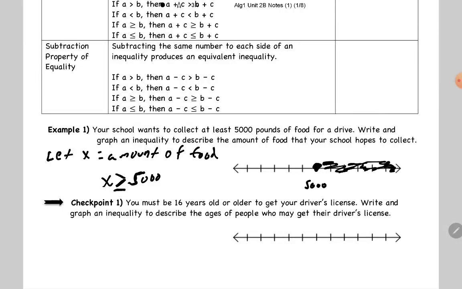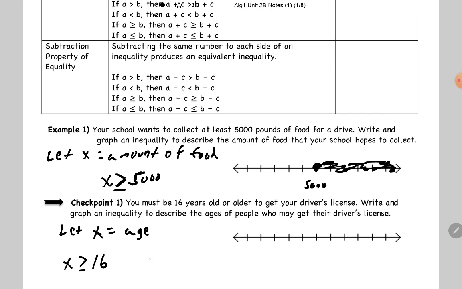Okay, let's do another one. You must be 16 years old or older to get your driver's license. Let x equal age. So our age, if we want a driver's license, needs to be at least 16 or older. So that's x is greater than or equal to 16.